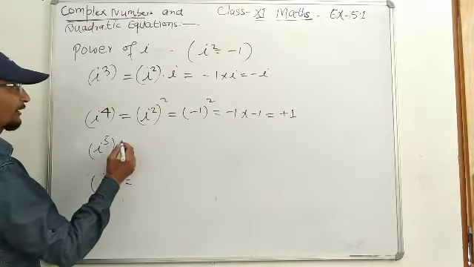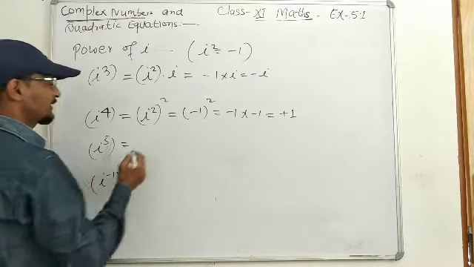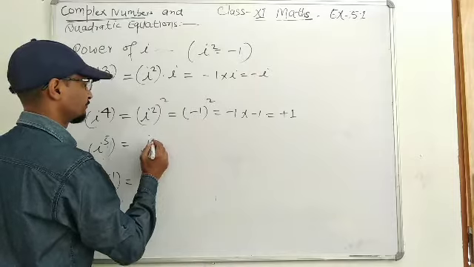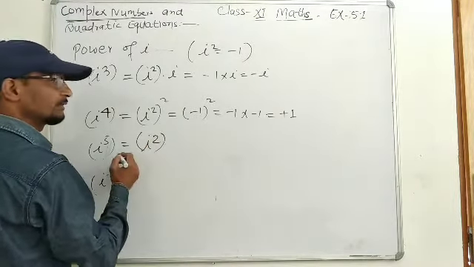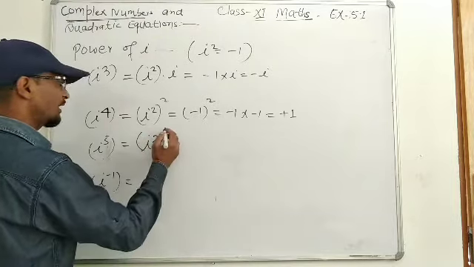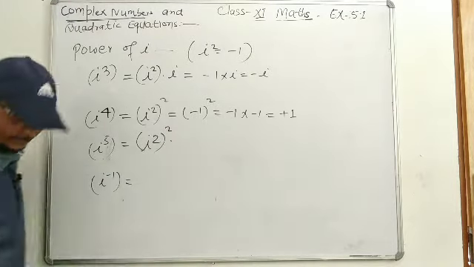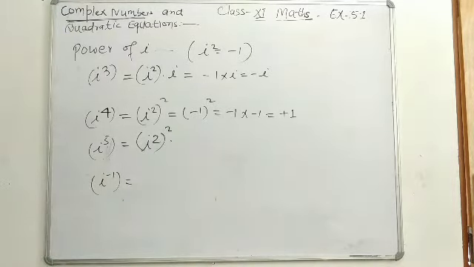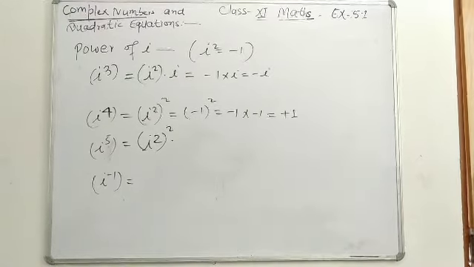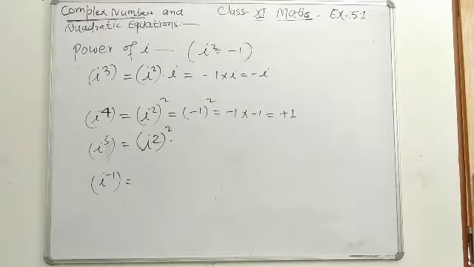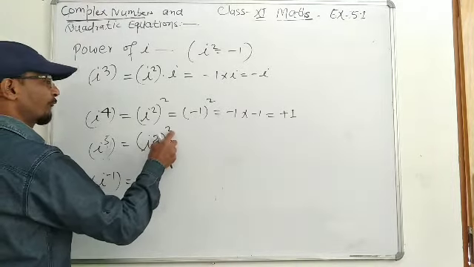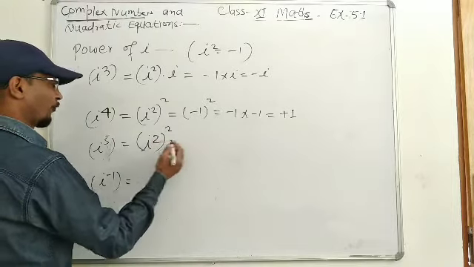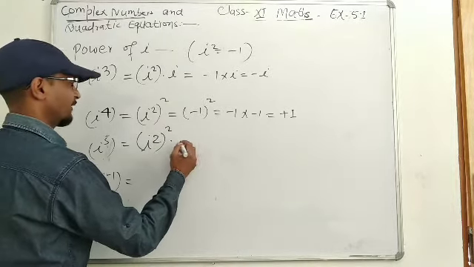Now i to the power 5. How to break this? i square into i square into i. 2 plus 2 is 4, so we get i to the power 4 and the other is into i.